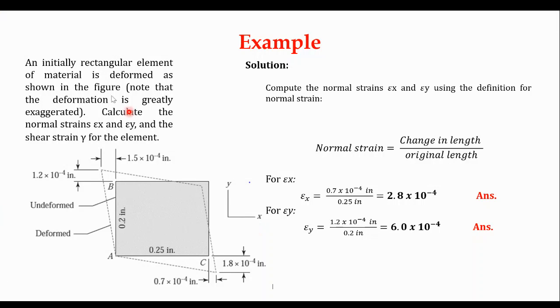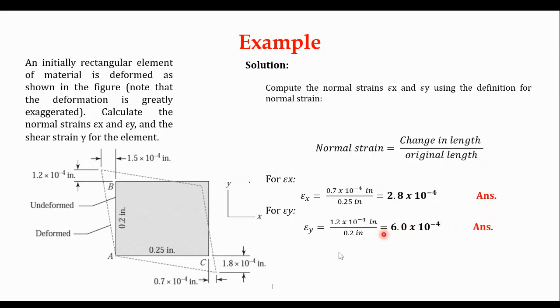Okay, so dapat siya atong change, 1.2 times 10 to the negative 4. Nakuha ninyo? Over original length sa material, ang original length sa material, 0.2. So therefore, we can solve the normal strain equal to 6 times 10 raised to the negative 4.